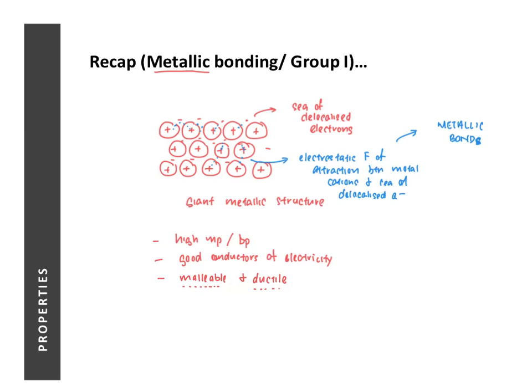As a result, since the electrostatic forces of attraction are not disrupted when the metal cations are displaced from their original position, the structure doesn't break down. It is simply deformed. That is why metals are malleable and ductile.